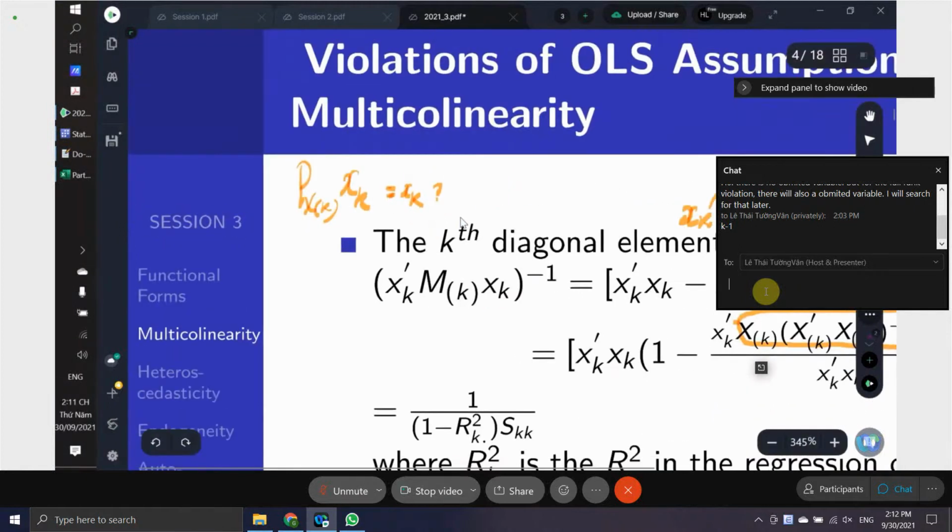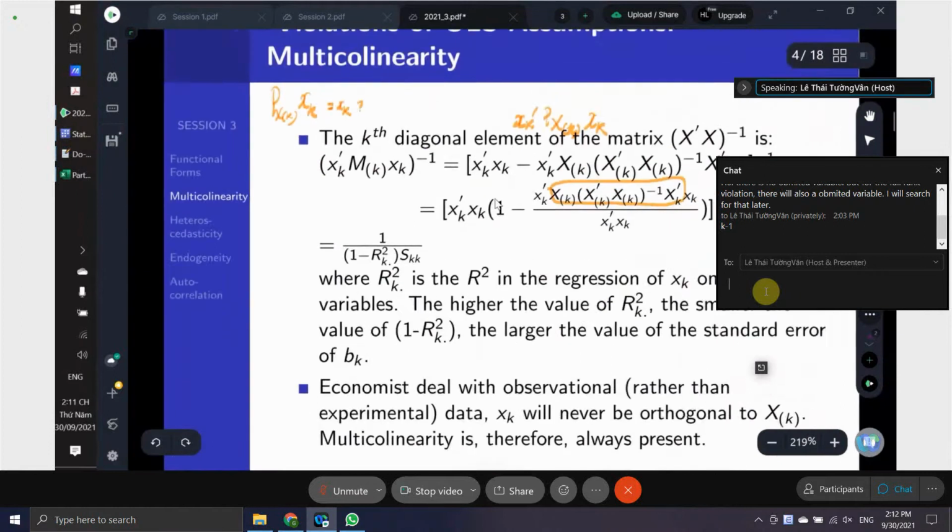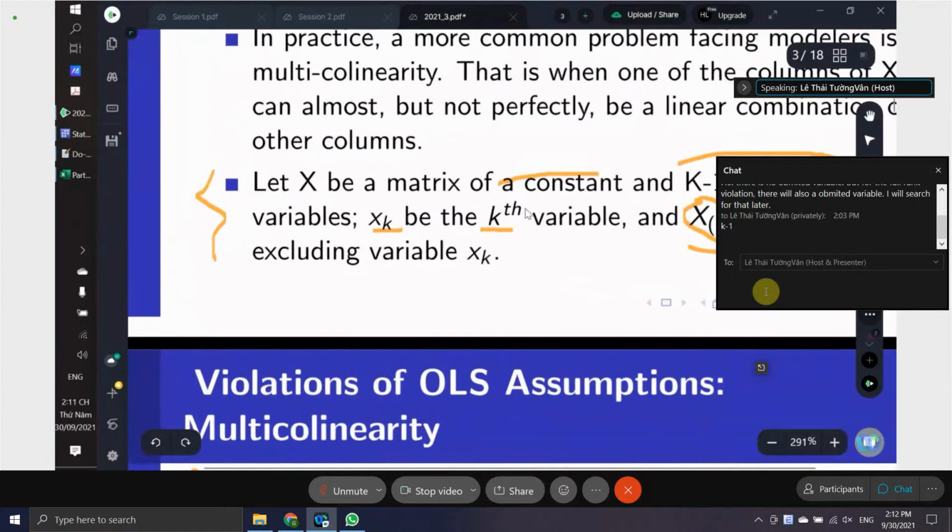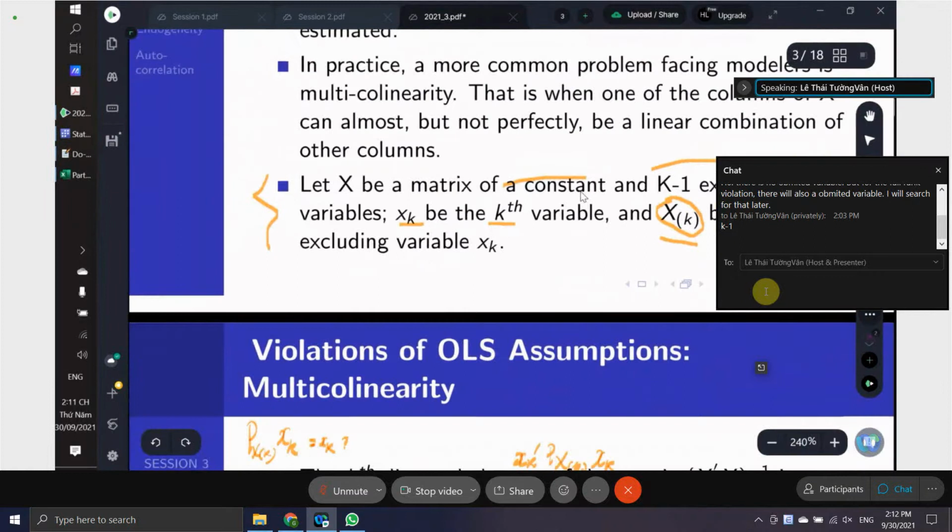Now you have to understand how we come up with the xk. Now you have to think of it here. Let x be a matrix of a constant and k minus one explanatory variable, right? Then we remove the xk is the matrix x with the k variable removed. And as Đỗ Khánh Linh said, it's now short of one column in comparison with the original matrix.